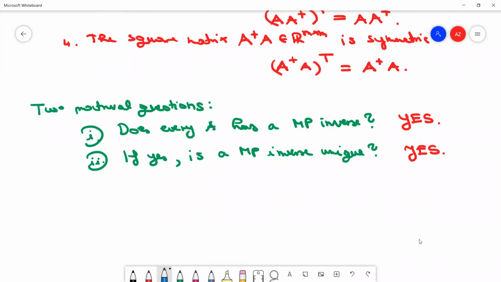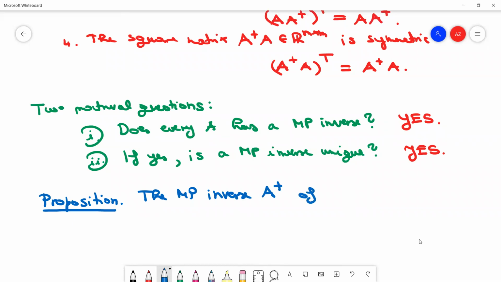So let's first state this second fact as a proposition. The MP inverse A plus of a matrix A is unique. And it's a little bit strange to state first the uniqueness before the existence.